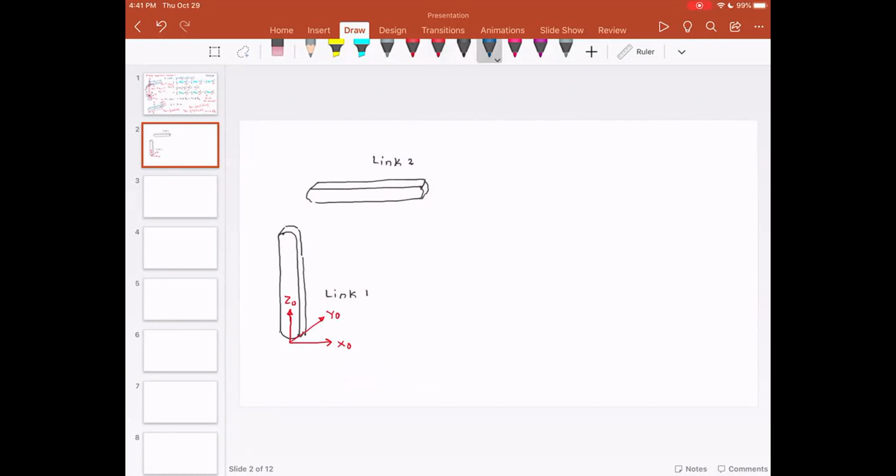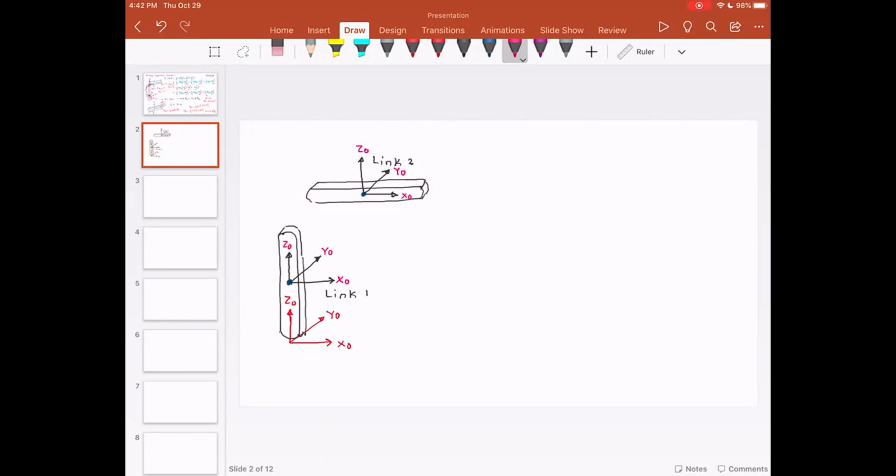For the sake of understanding, I'm going to locate the centroid of the first rod and the centroid of the second rod, and then I'm going to redraw the zeroth frame, writing down x0, y0, z0 again.